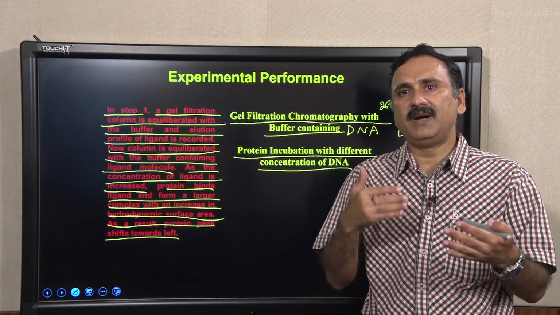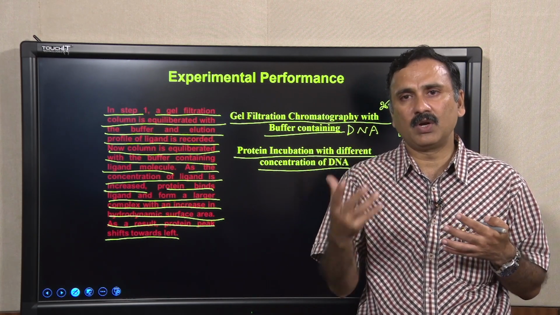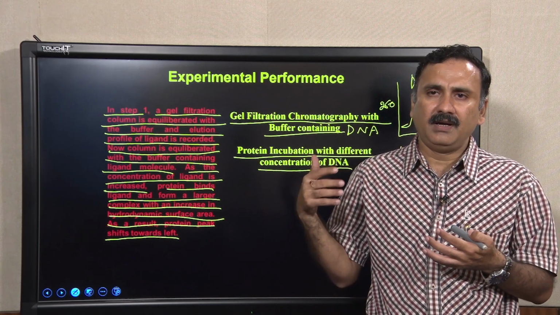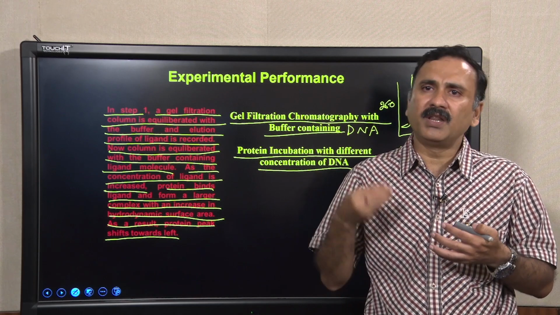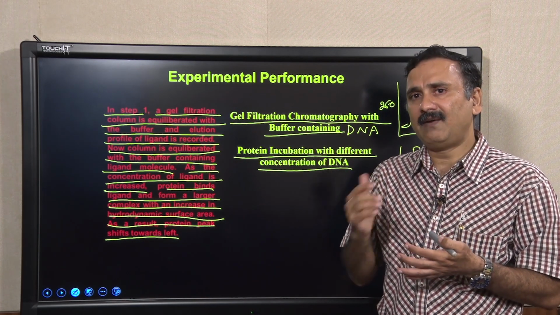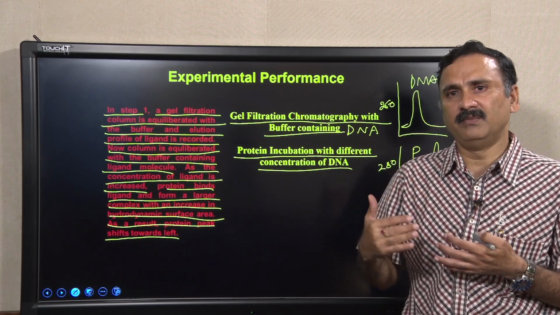It provides a lot of positive and negative charges, and it provides hydrophobic cores. So, there is a possibility that the protein might interact with the DNA non-specifically as well. To confirm this, you have to do validation experiments.